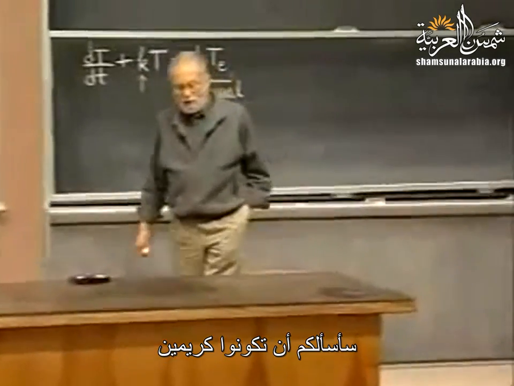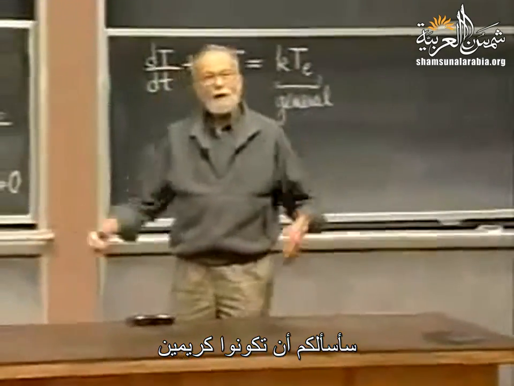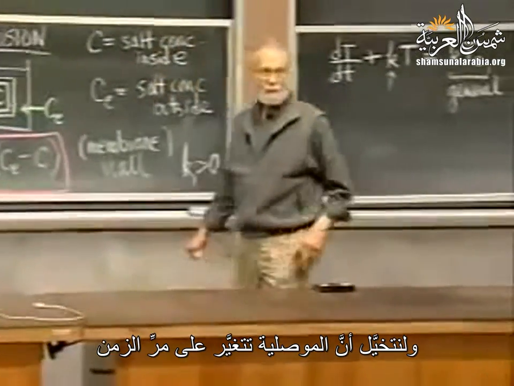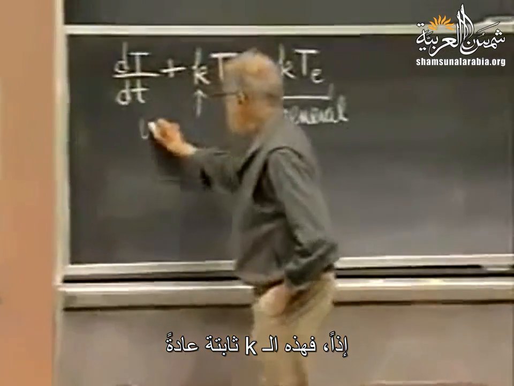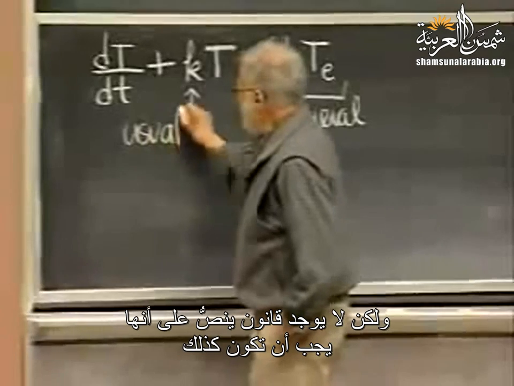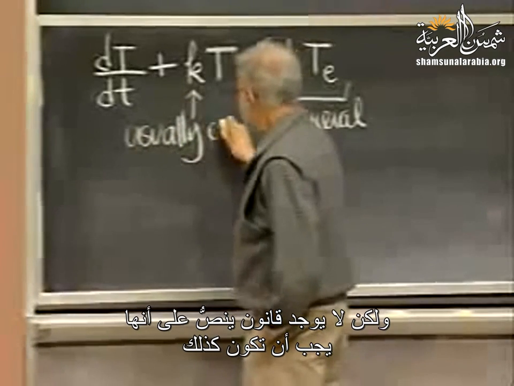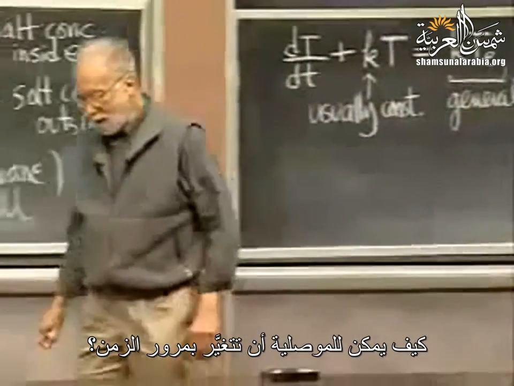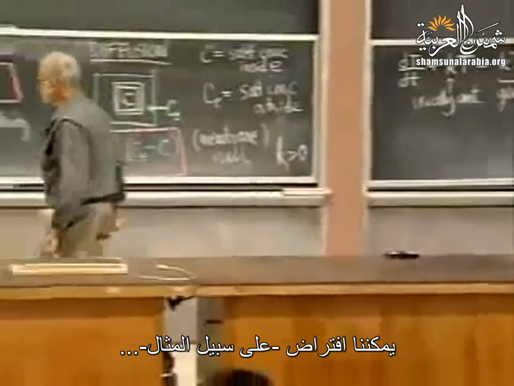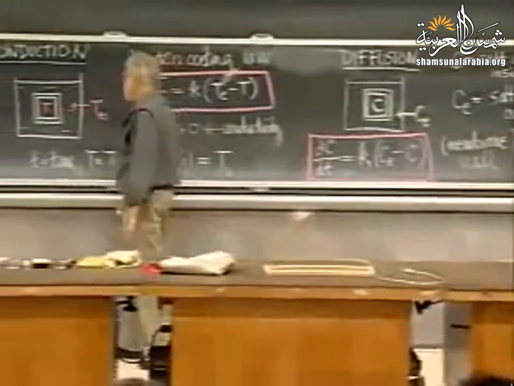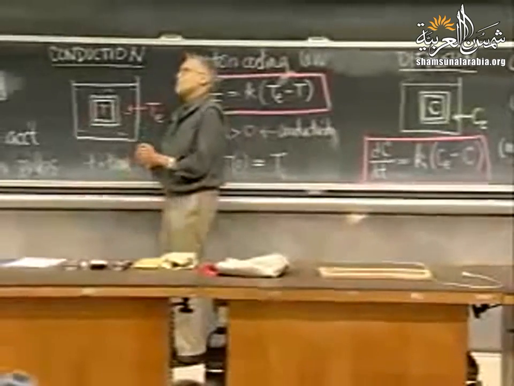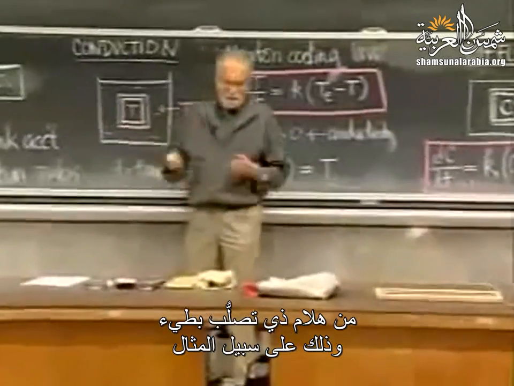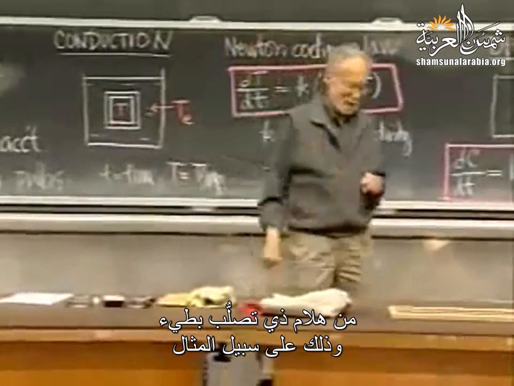So I will ask you to be generous. Let's imagine the conductivity is changing over time. So this is usually constant, but there's no law which says it has to be. How could a conductivity change over time? Well, we could suppose, for example, that this wall was made of slowly congealing jello, for instance.